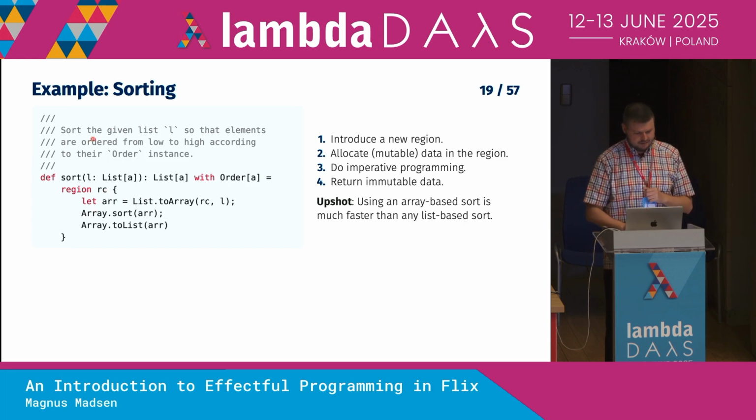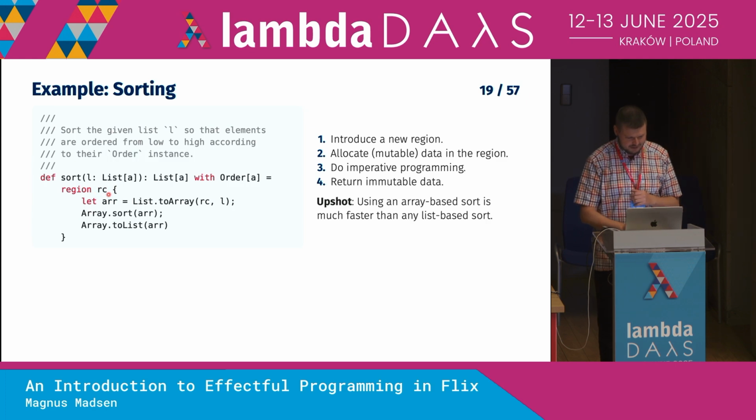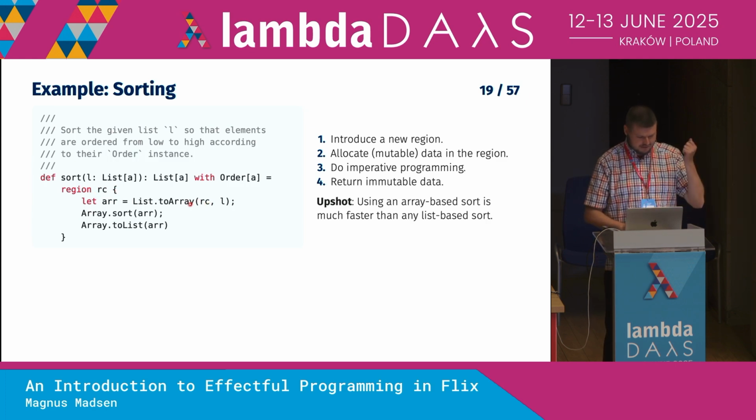Here a lexical scope begins. There's a region capability here. We heard about capabilities earlier. That allows us to create this array that now belongs to RC. Then we can do the sort, and we can convert it back to the list. Once this scope exits, the compiler enforces that all this mutable memory is no longer accessible.